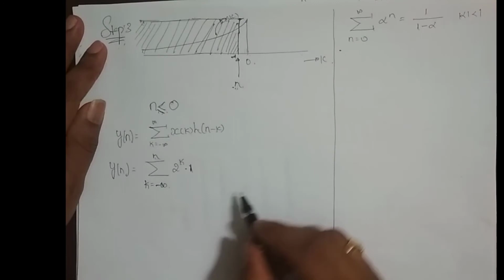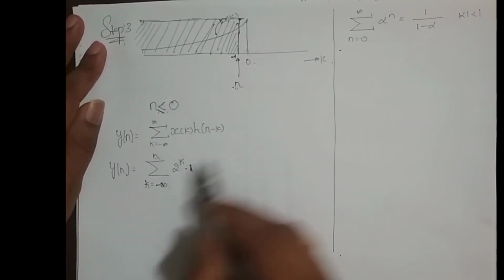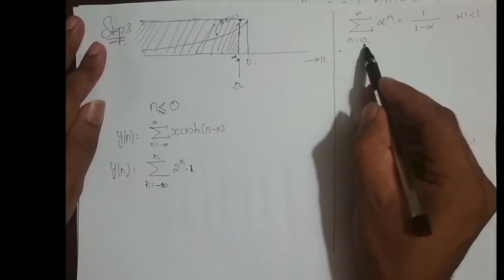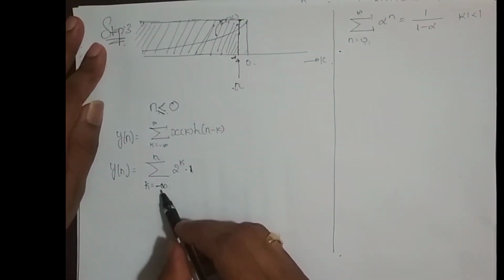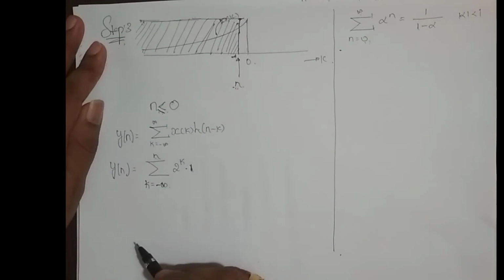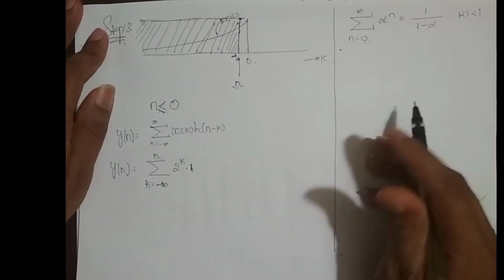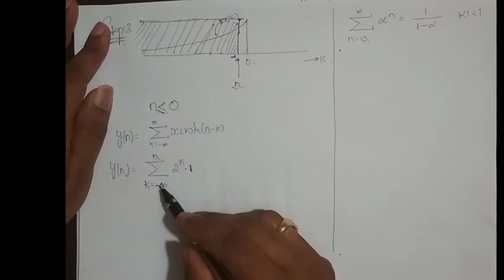Okay. So somehow I need to bring this equation to this form. In the sense, lower limit should be 0, upper limit should be infinity. But here I have lower limit minus infinity and upper limit n. So we will do some mathematical operation and bring this equation to this.